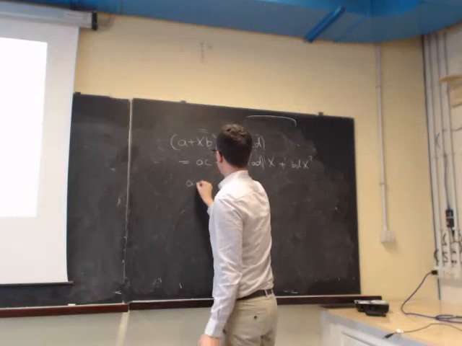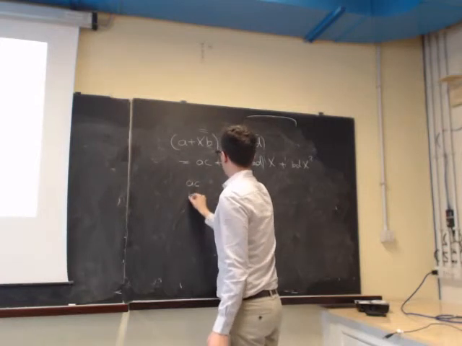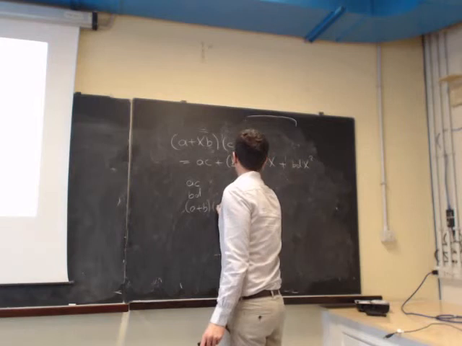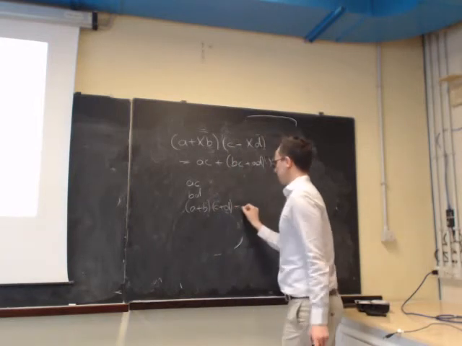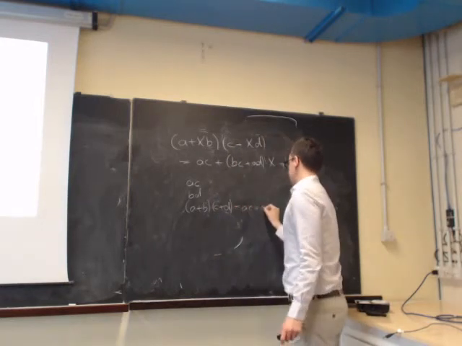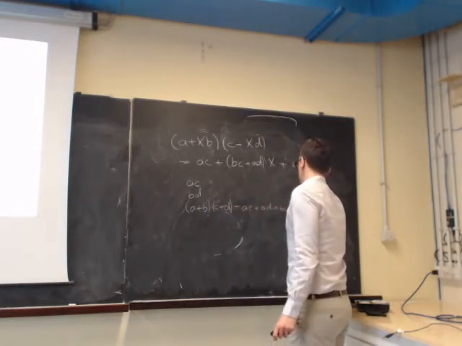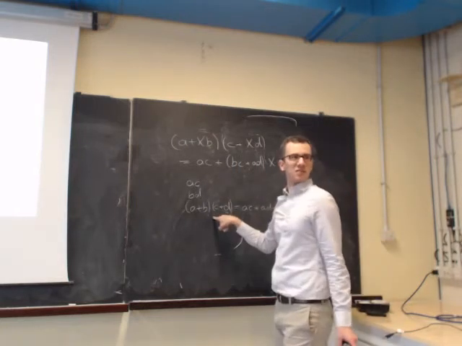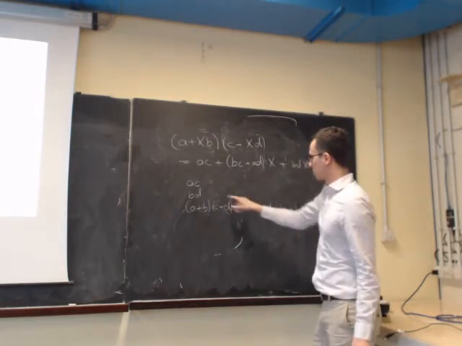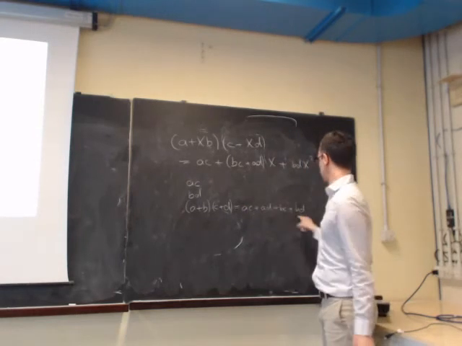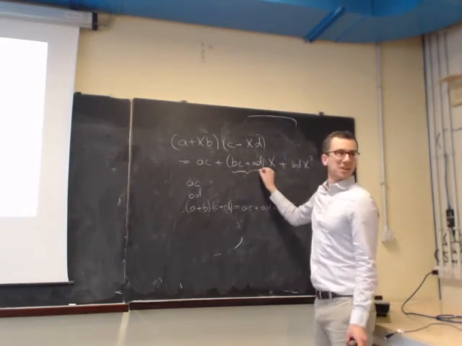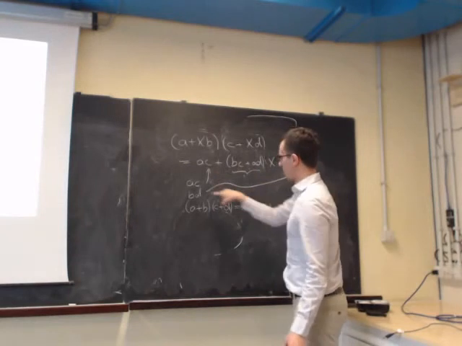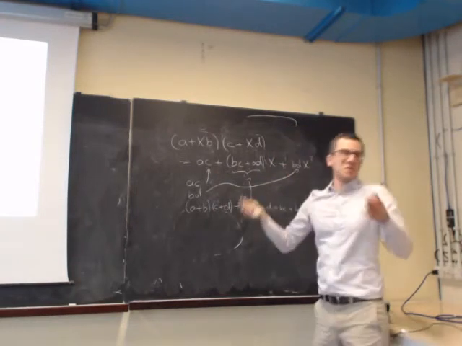Suppose you only compute a times c, you compute b times d, and you compute (a plus b) times (c plus d). Now you do only 3 multiplications, but you take this one and you subtract ac and you subtract bd, so you actually get this middle coefficient. So this one you have, this one you have, and this one. So now we did it in 3 instead of 4.